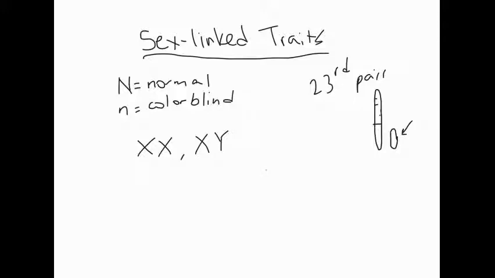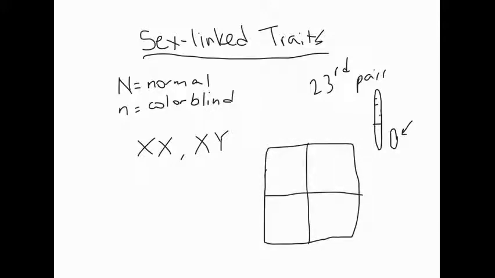But another little Punnett square to remember how to do it. We've got color blindness over here. Big N is normal vision, little n is colorblind. Let's try one. Let's say that the female is normal, but she is a carrier.